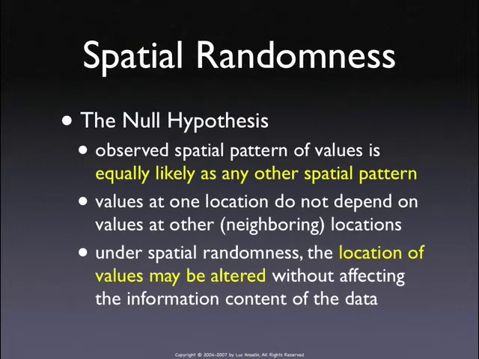So the average of our table will be the same no matter where these values land on our map. So if that's really the case, if it really doesn't matter where they land on our map, then they're spatially random.